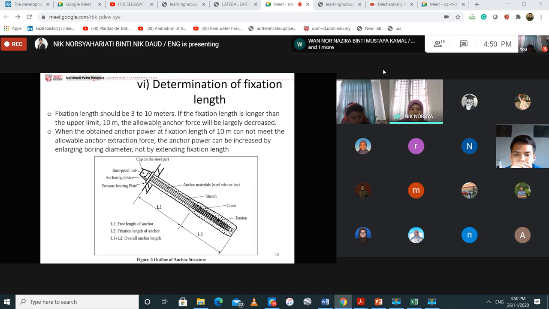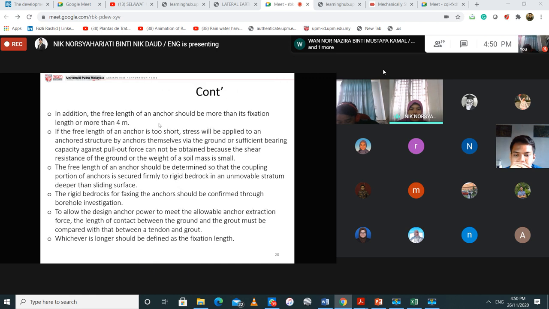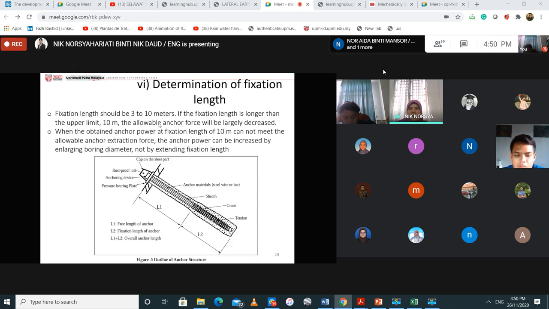And then is it okay or not to use a higher length up to 10 meters or 15 meters? It depends on the calculation, right? So you can have a good rig there in order to fulfill the fixation length.